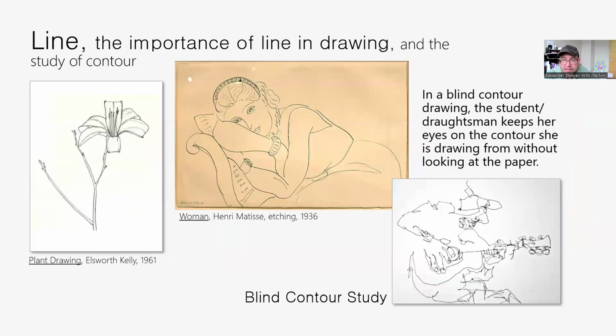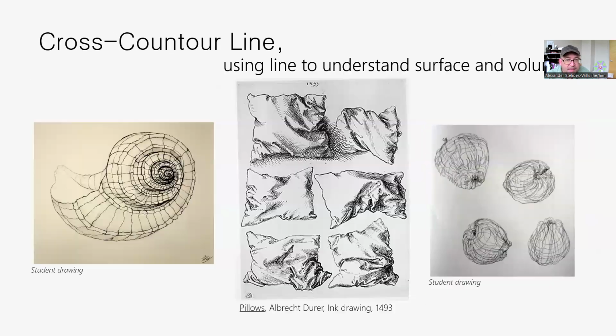So doing a blind contour study, or at least some kind of continuous contour line study, where you're mostly or entirely not looking at your paper, but only looking at the thing that you're drawing, is an experience that 90% of art students have in their first year of drawing, at some point, usually very early on.